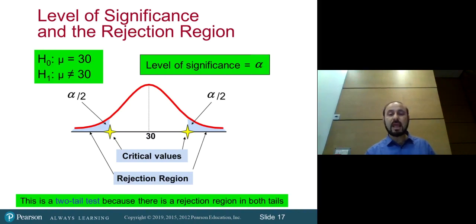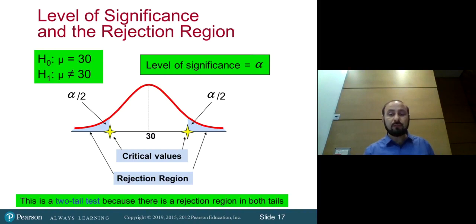And this is alpha by 2, half on one side and half on the other side, because this is a two-tailed test distributed on both positive and negative sides. If it is on one side only, there is no need for alpha by 2, it's only alpha. Because we are taking a two-tailed test, this is alpha by 2, half here, half here. This is the acceptance region, and here are the critical values.